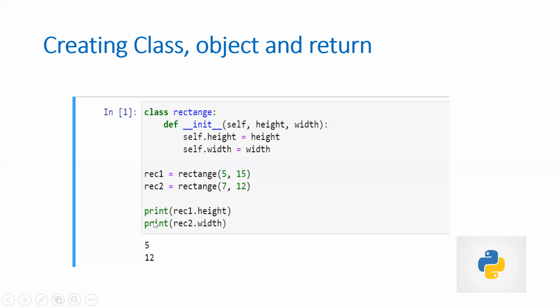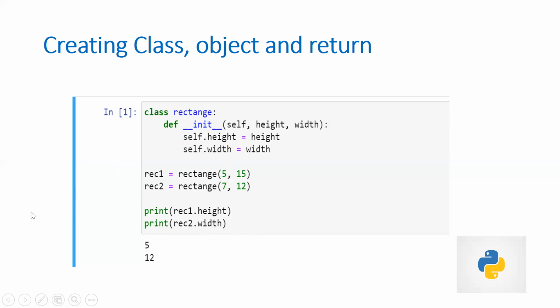Now we want to return the values. I printed the height of rectangle 1, which was 5, as we passed. For rectangle 2, I want to know the width, which was 12. So the output comes out as 5 and 12. That is our learning from the previous class.